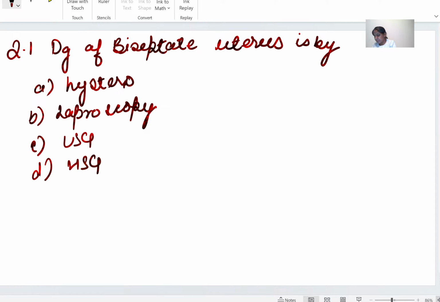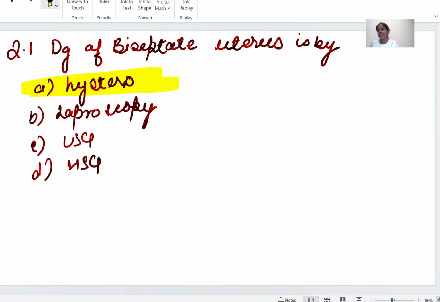Yes, the answer is hysteroscopy. Why is the answer hysteroscopy? Because what is happening here? There is a problem in the endometrial cavity, so diagnosis is by hysteroscopy.